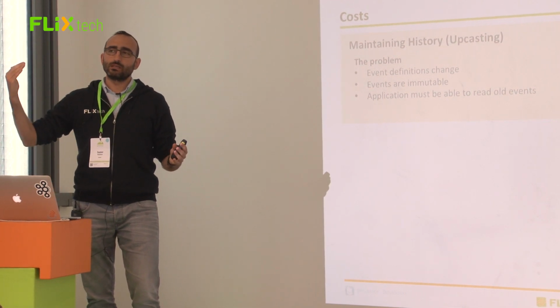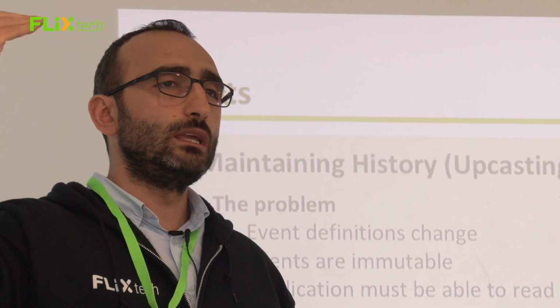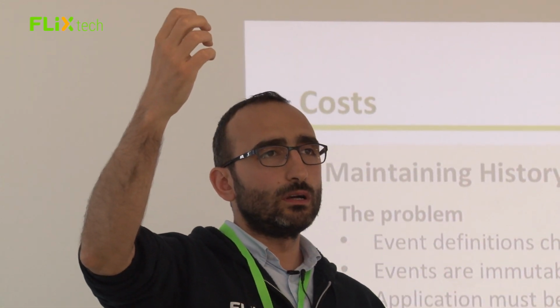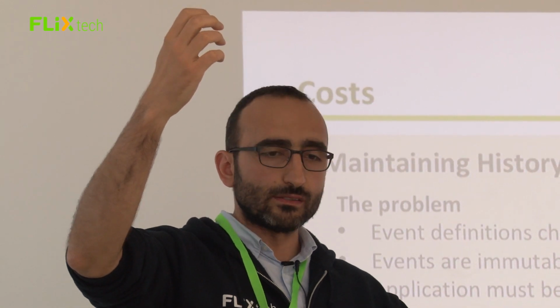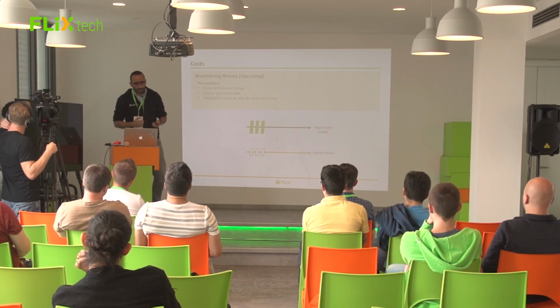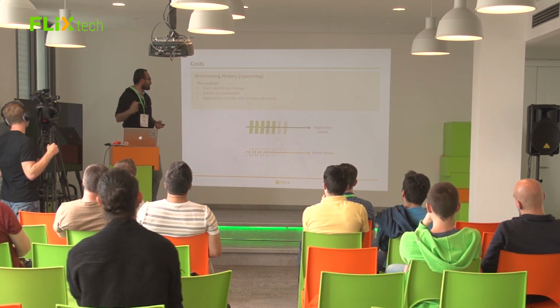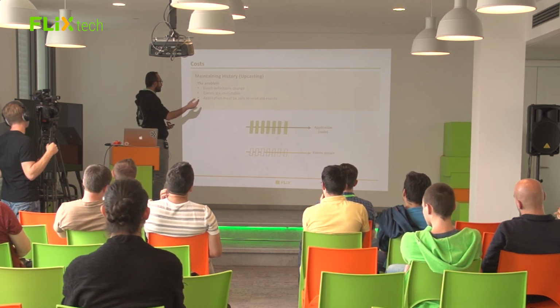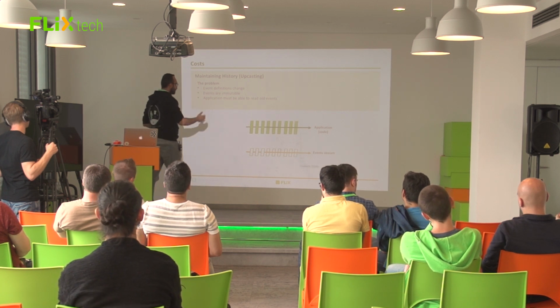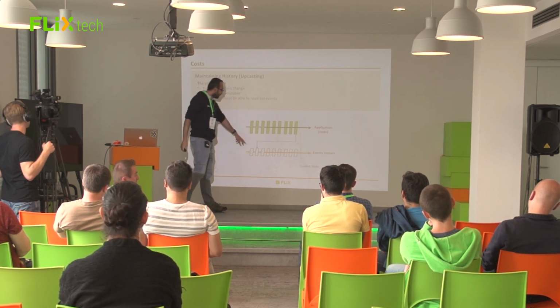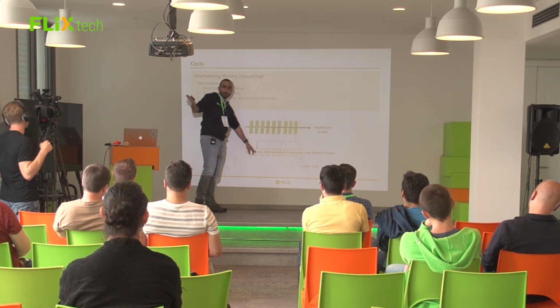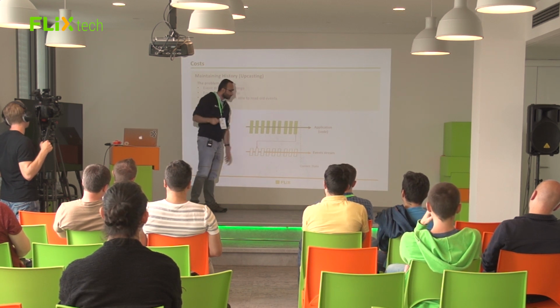So this makes the current state of our application, with the latest version of the events, incompatible with the old events. Right, so the application is developing and having new versions, while the old events are immutable, they are not changing.